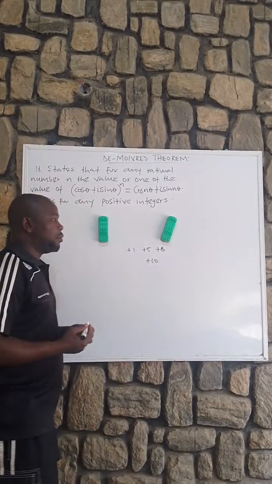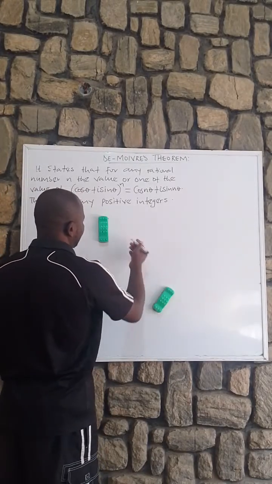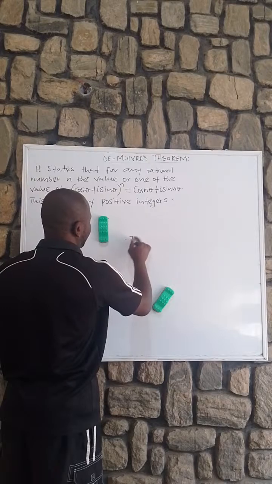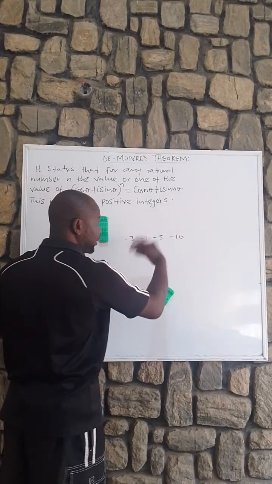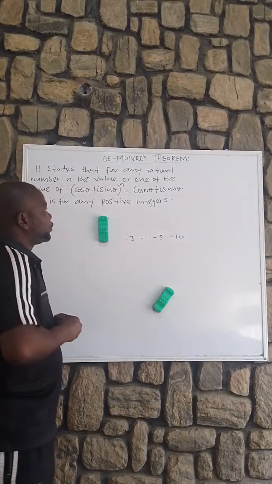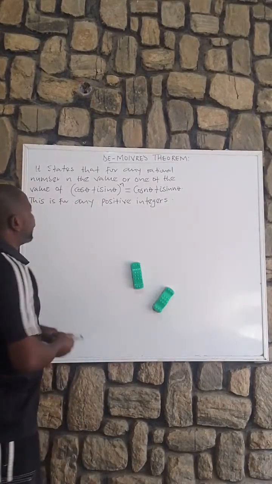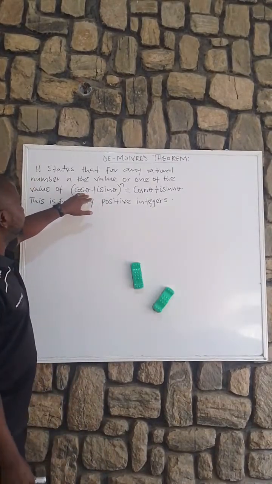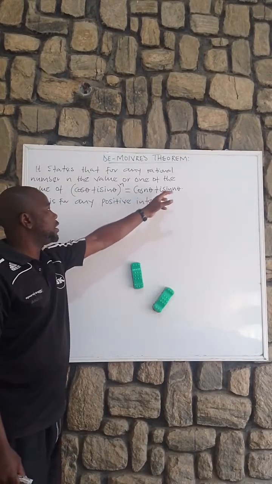Is that clear? But if they refer to negative integers, we are talking about either minus 3, minus 1, minus 5, minus 10, like that. Is that clear? So take note. Now it states that if we have a complex number of this form, we can write it in this form.